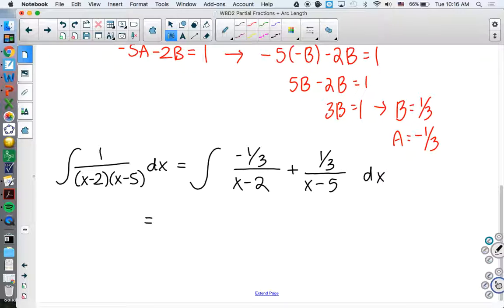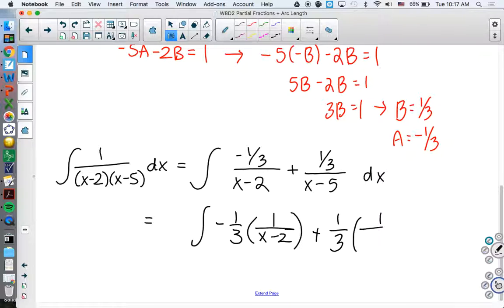No, because when you divide a fraction by a fraction, you would be multiplying by its reciprocal, though. So it'd still stay in the denominator. So you get negative 1 over 3 times x minus 2. So this is really negative 1/3 times 1 over x minus 2 as the constant.